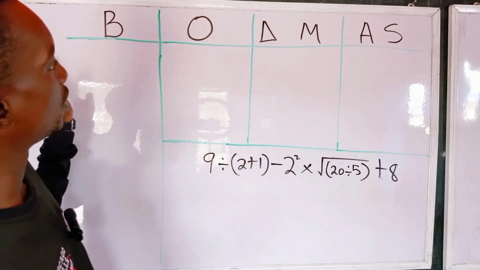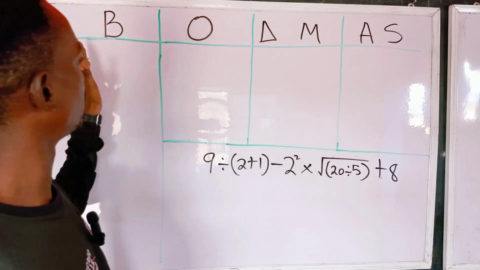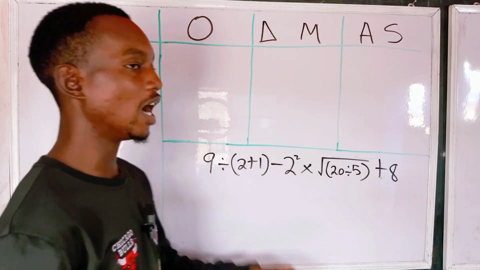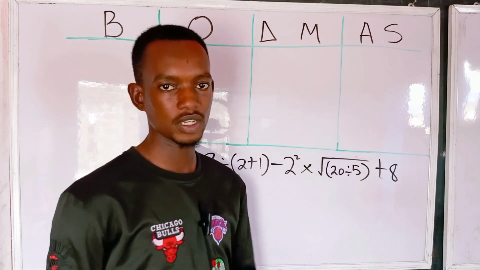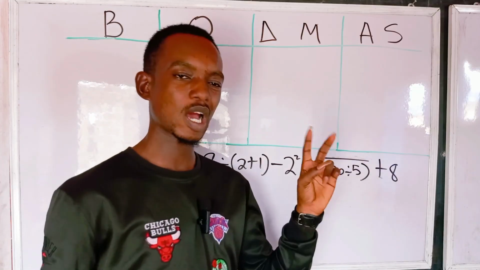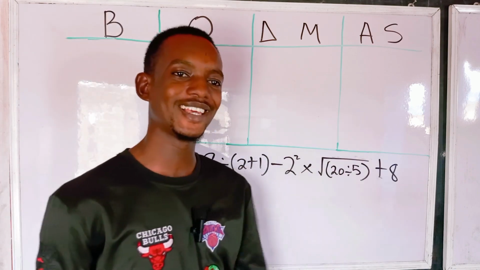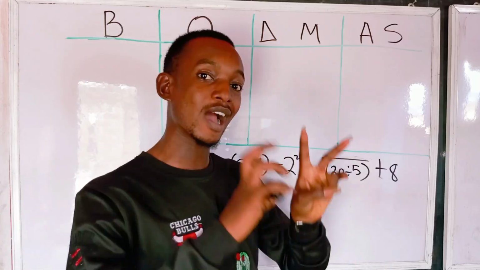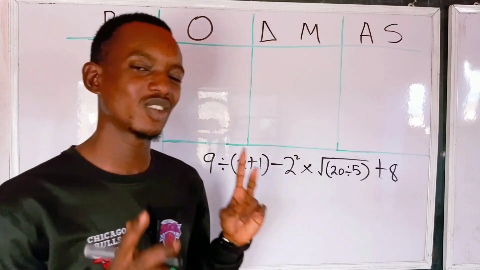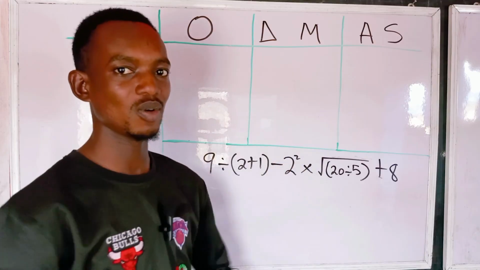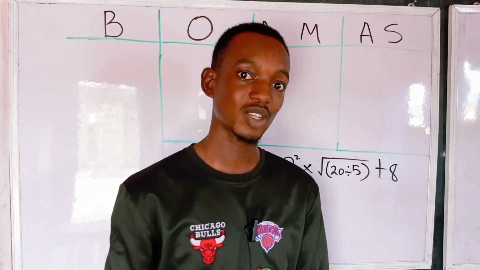BODMAS is an acronym for the order of operations. It represents the basic operations and which we should perform first, so as to follow that convention. If you do otherwise, you're not wrong mathematically, but you are going against the agreed mathematical standard. So let's always try to follow this convention, so as not to go against the mathematics community.